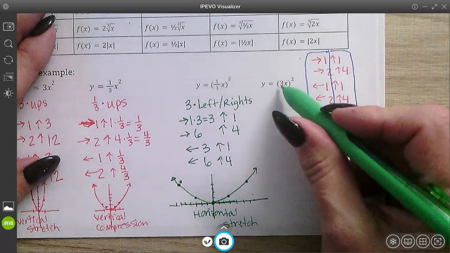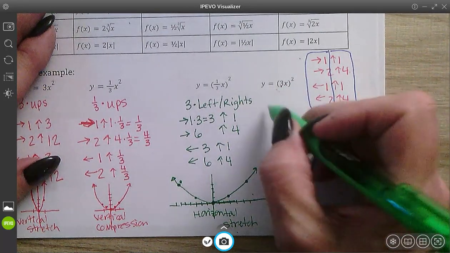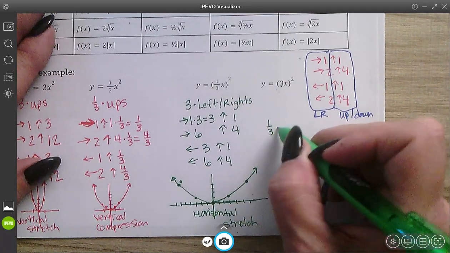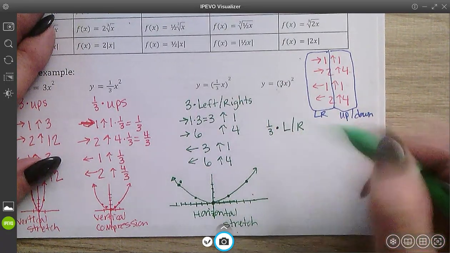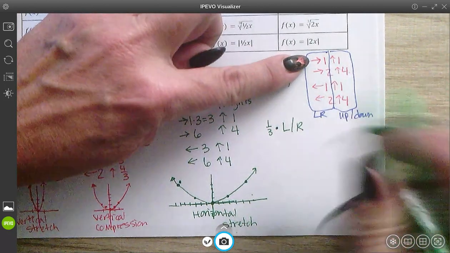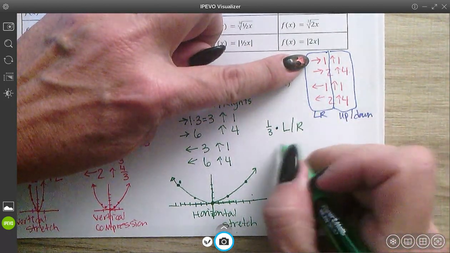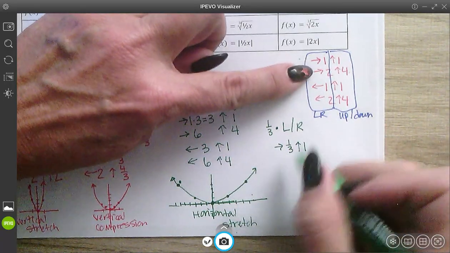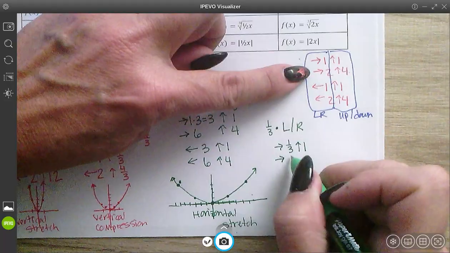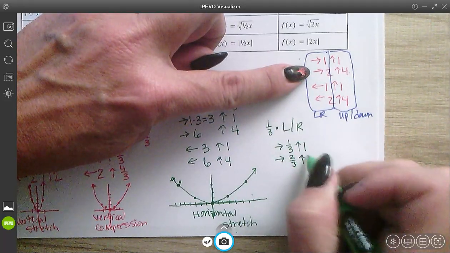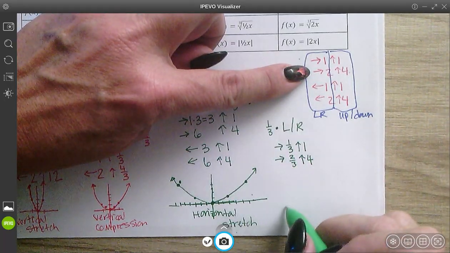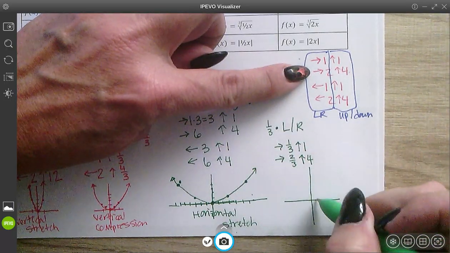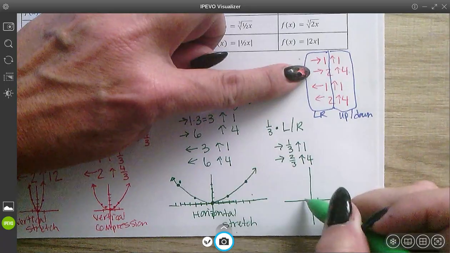And then if I have 3x and then squared, I have to flip that number to make it 1/3 and multiply that by my lefts and rights. So instead of going to the right 1, I go to the right 1/3 before I go up 1. Instead of going to the right 2, I go to the right 2/3 before I go up 4. So this is actually going to make my graph very, very skinny, because here's 1.